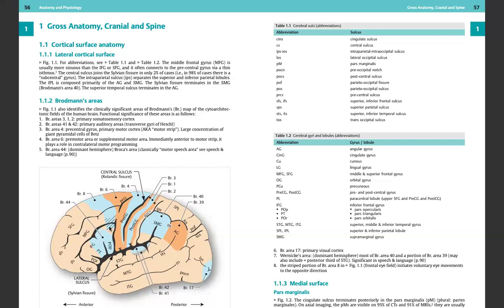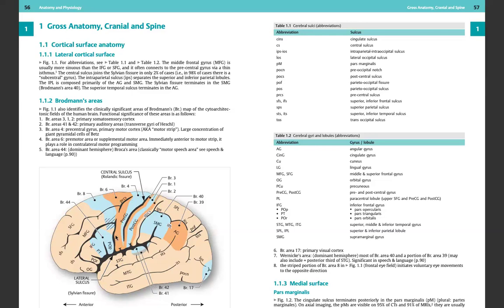And then you have the motor association area, which is the frontal eye field area, Brodmann's area 8, anterior to the premotor cortex. So all of them are actually motor. So the frontal eye field, Brodmann's area 8, is more proximal, followed by the premotor cortex, Brodmann's area 6. It's also called the supplementary motor area. And then the motor strip is Brodmann's area 4.